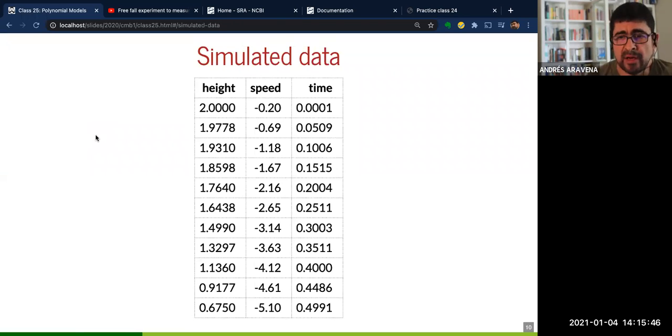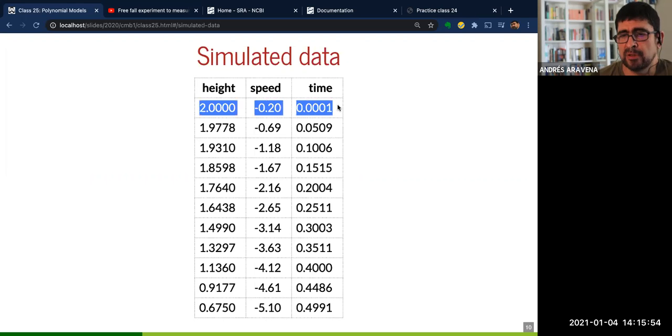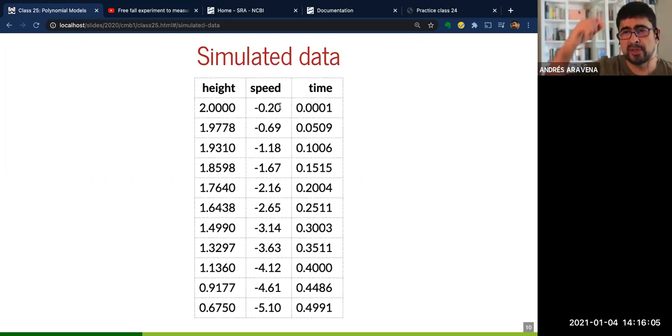So just to give you an idea what's happening, in the simulated data, I start with this, where my initial point of simulation, at time 0, I have a height of 2 meters and a speed of negative, because it's going down. Okay.